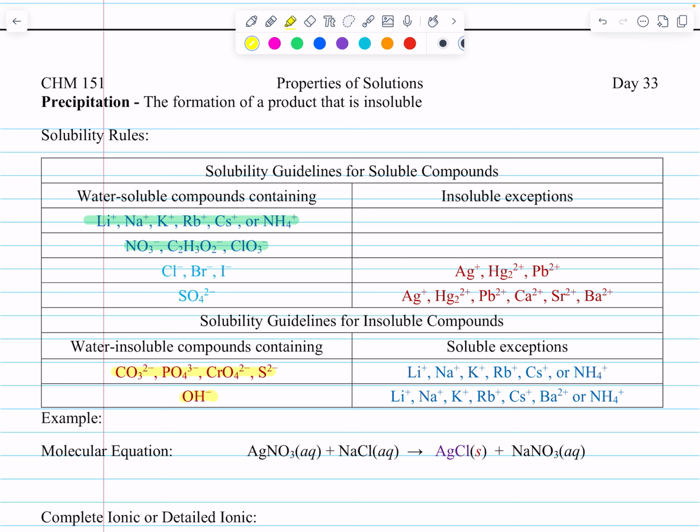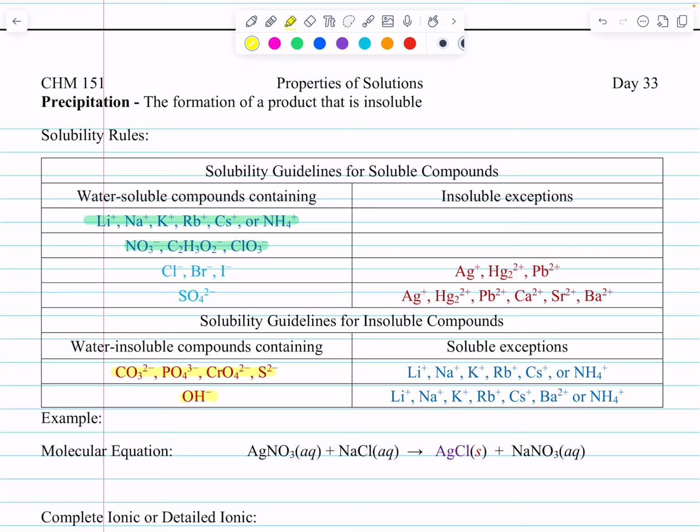That makes sense? Hopefully you use this chart to figure out what's going on. But again, I would recommend knowing that group 1 and ammonium are soluble, and nitrate, acetate, so those top 2 green lines. It just makes things faster, especially if you plan on taking Chem 2 and further. It's good to know those.